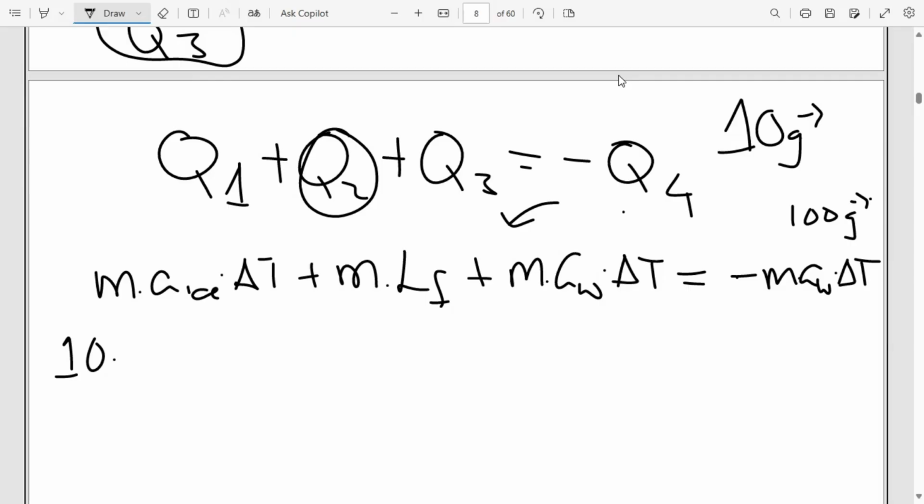I'll divide this 10 grams by 1,000, and I'll get 0.01 kilograms. For the water, I'll get 0.1 kilogram. So I've managed to successfully convert.